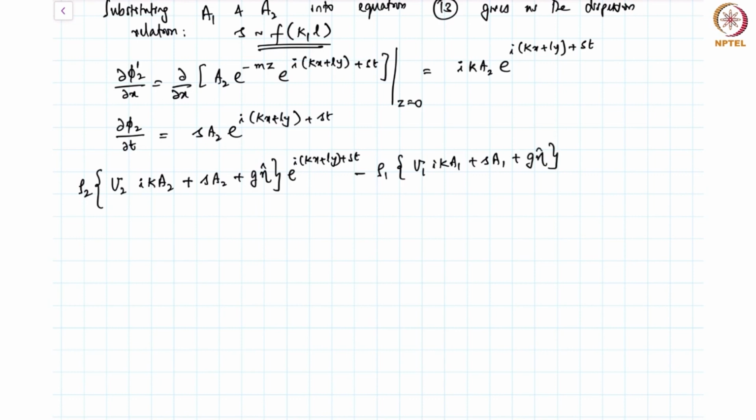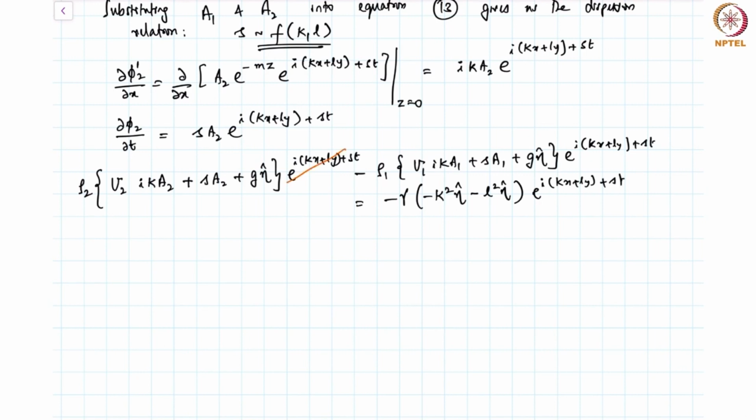And finally we have, on the right hand side, minus gamma times eta xx. Eta xx simply becomes, I shouldn't forget the exponential terms, minus k square eta hat, and eta yy becomes minus l square eta hat times exponential of i(kx plus ly plus st).